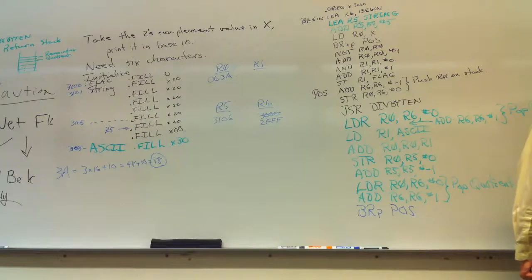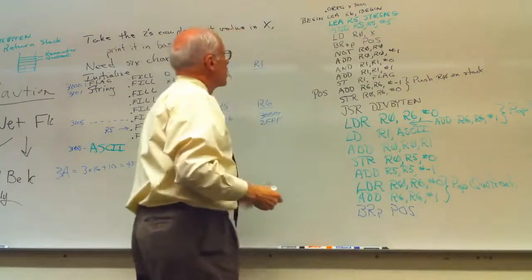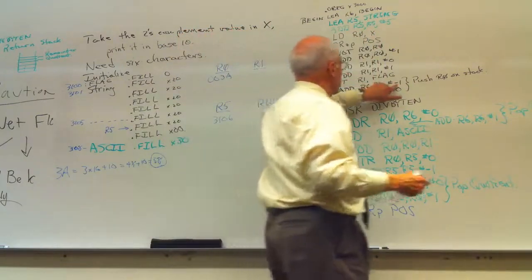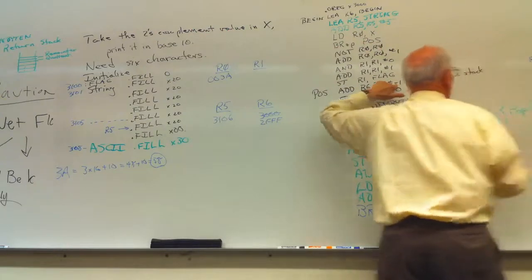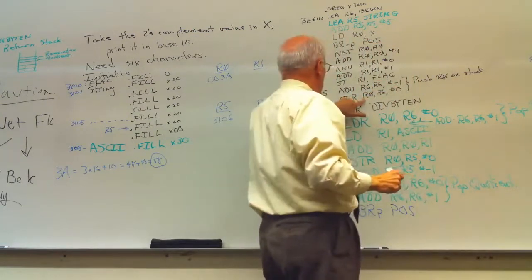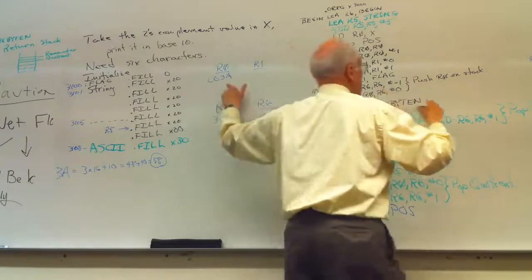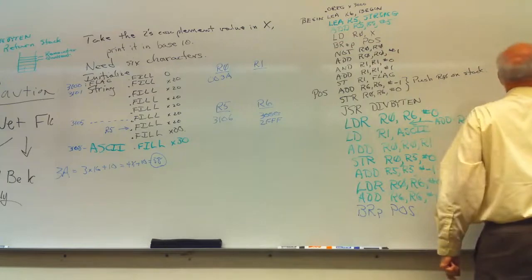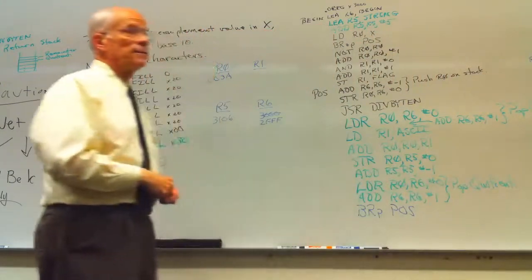This is FFF. This is FFE. And so on. Okay, so when I subtracted 1, that got register 6 here. Now it says store register 0 in that location. Okay, so now I've got a 003A in there.